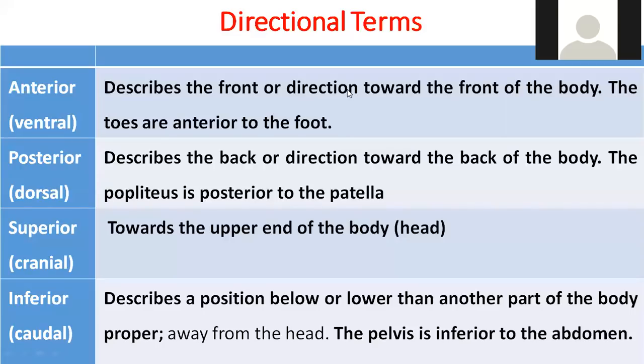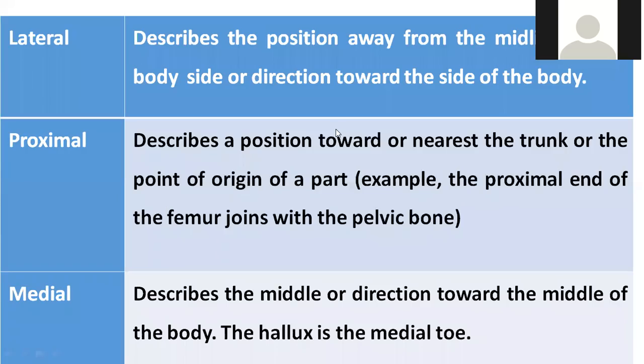Then let us continue as we describe proximal. The proximal term describes a position towards or nearest the trunk or the point of origin of a part. When we are discussing proximal and distal, most of the time we discuss it in relation to the limbs. The example is that the proximal end of the femur joins with the pelvic bone.